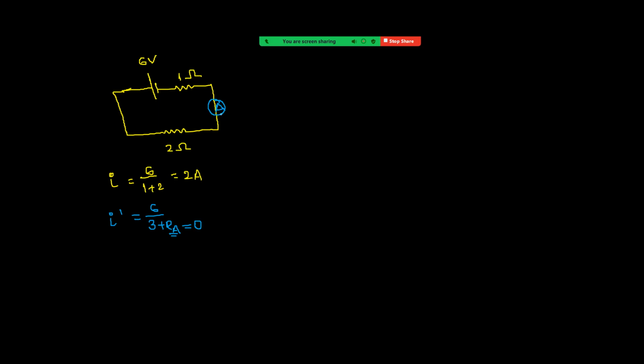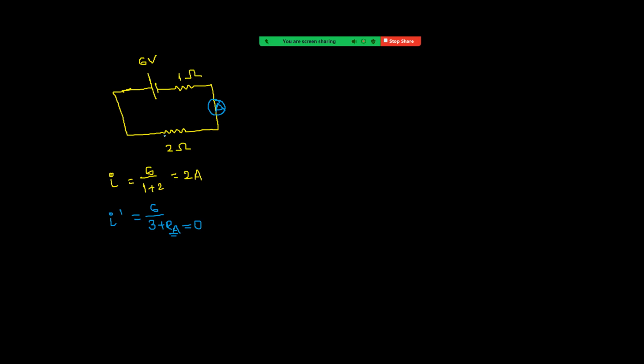Therefore, its resistance must be as small as possible. So less resistance means it is more accurate. So condition is for ideal ammeter, resistance is 0. Okay. And we are connecting this in circuit, it is in series. Okay. Right.